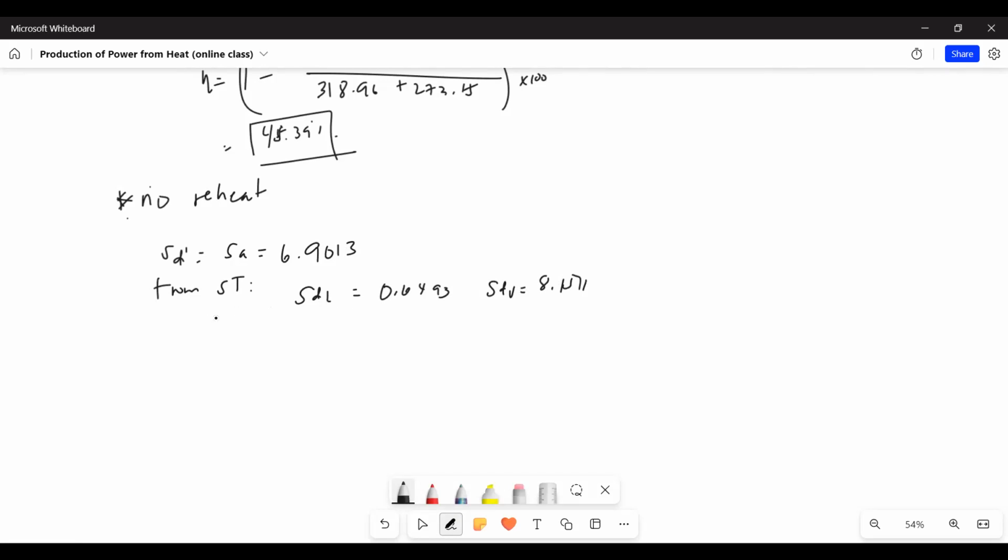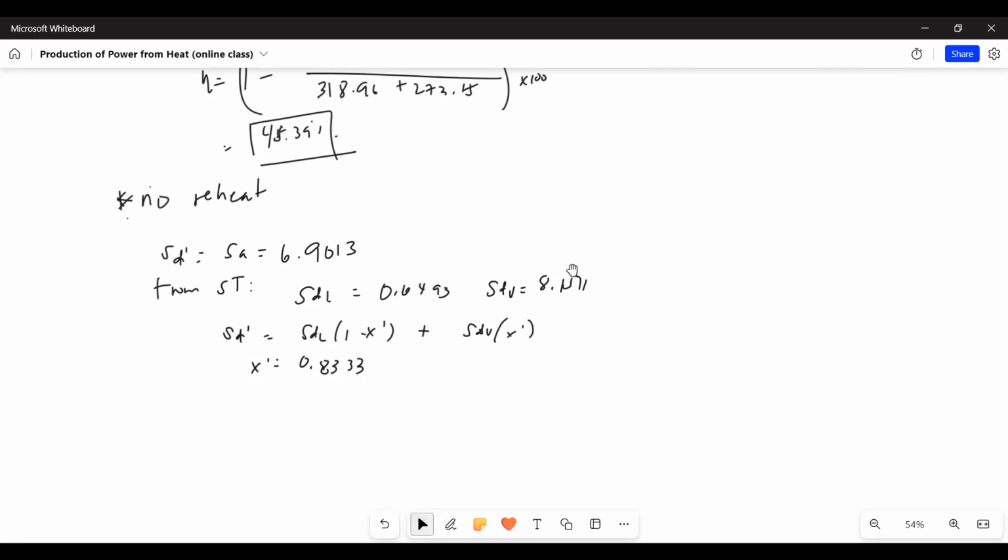We solve for x prime by inputting in the equation SD prime equal to SDL times 1 minus x prime plus SDV times x prime. So for x prime, we will get 0.833. So what do you notice? The quality is lower.